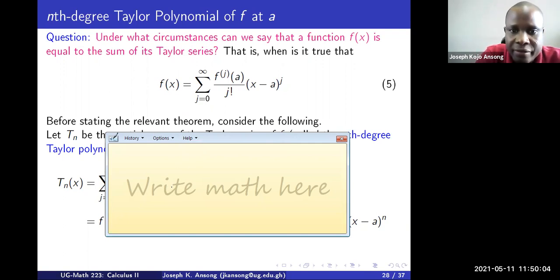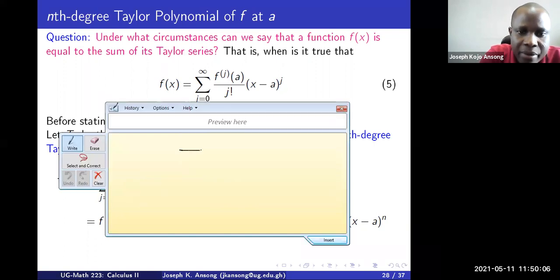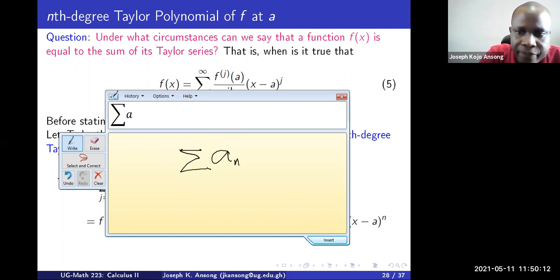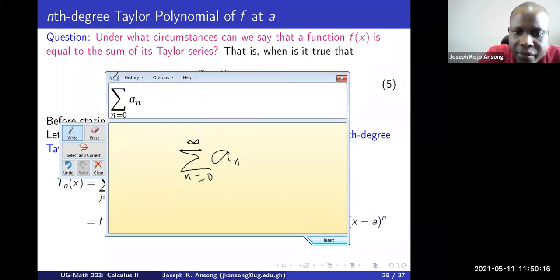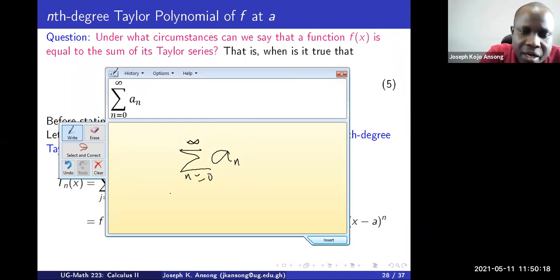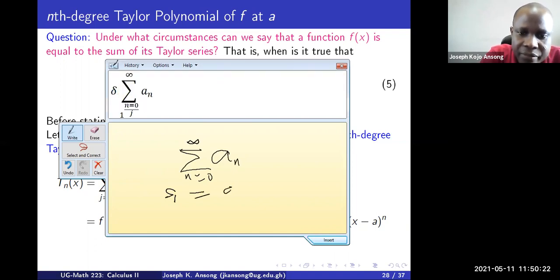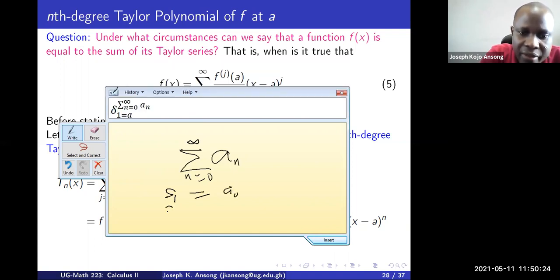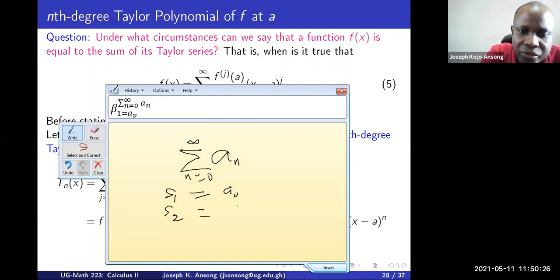partial sums of it, right? Remember, we said if I have a series the sum of a_n, n from, let's say, 0 to infinity. Okay, this is a series. S naught is equal to the first term, that's a naught, if you like.